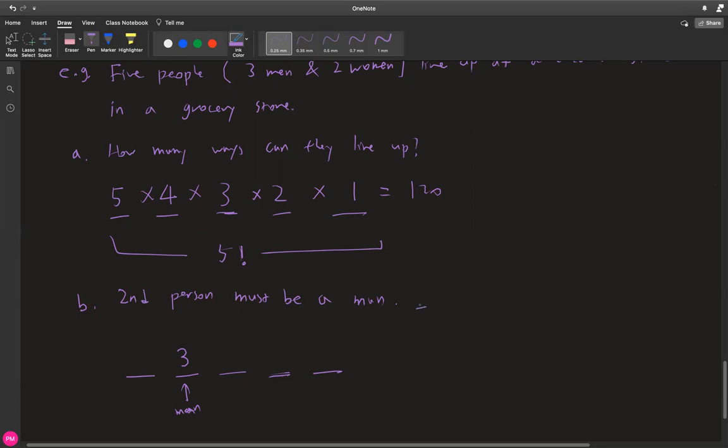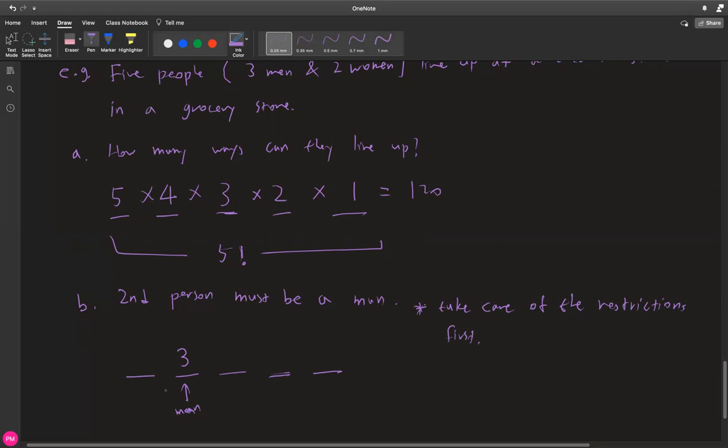So the key thing here is to take care of the restriction first.